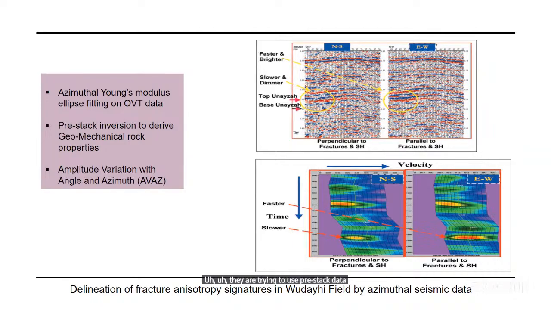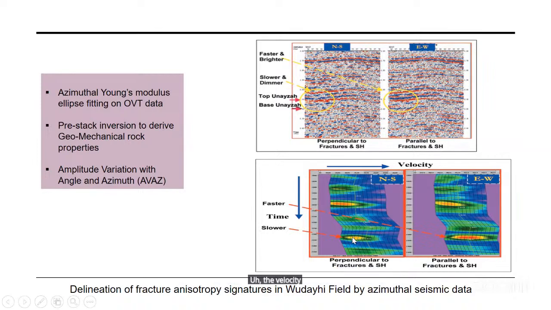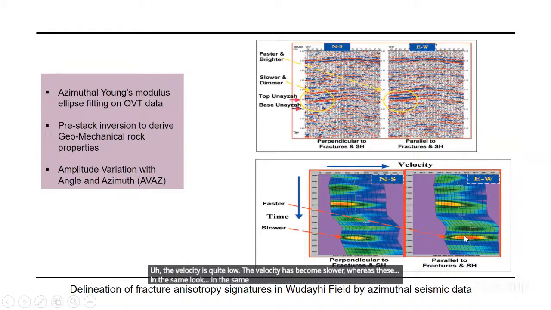While doing so, what they found is that in the north-south direction, in the same stack, the velocity is quite low. The velocity has become slower, whereas in the same location in the east-west direction, they found the velocity is quite high.